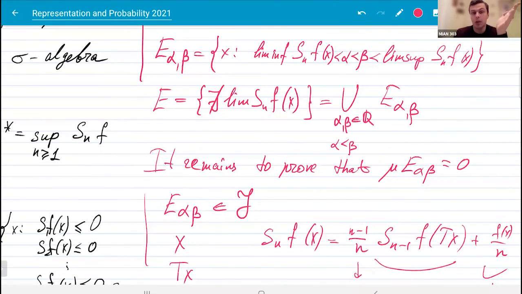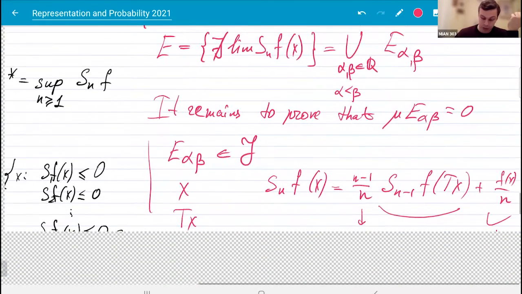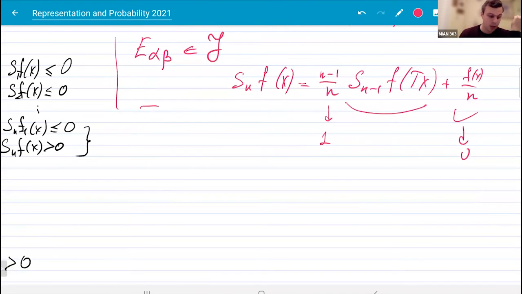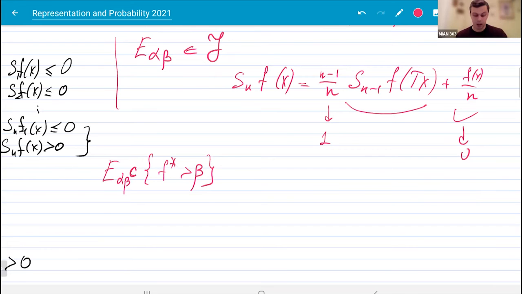And therefore here we need to write it down in this form. You can see that this set E alpha beta is invariant, and therefore, since it is invariant, we can consider the set where F star is larger than beta. And let's consider that E alpha beta is here, a subset.